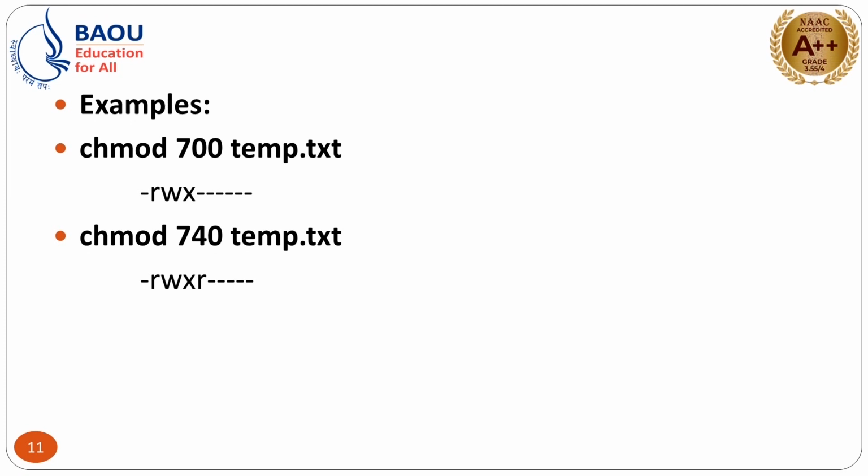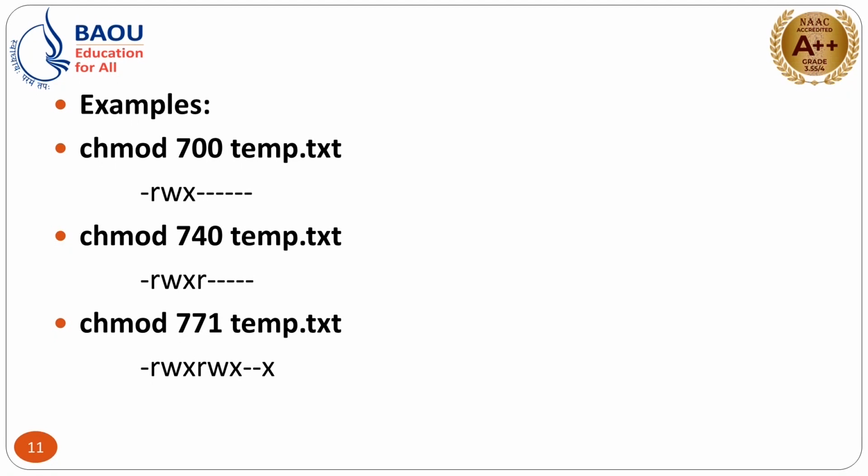The binary equivalent of 4 is 100, so only read permission is assigned to the group, right? And then 0 means that for the other users, other than the owner and the group, there is no read, write or execute permission that you want to give. In that case you are using 0.